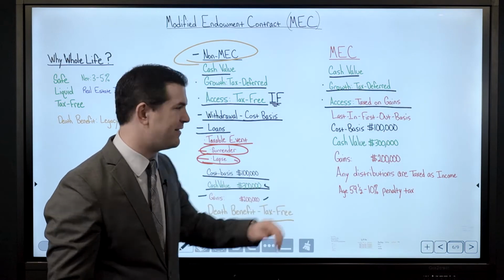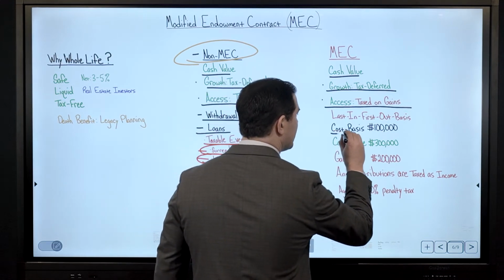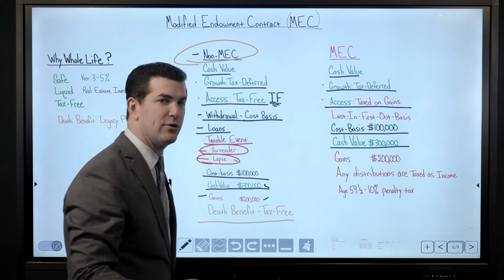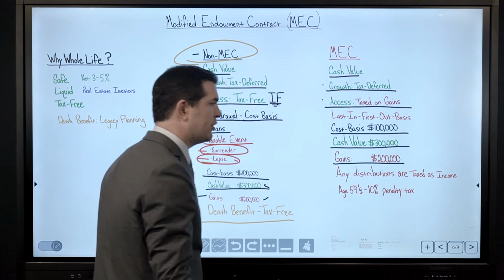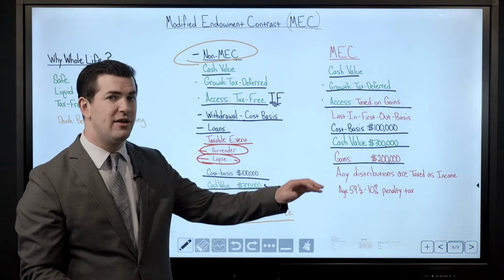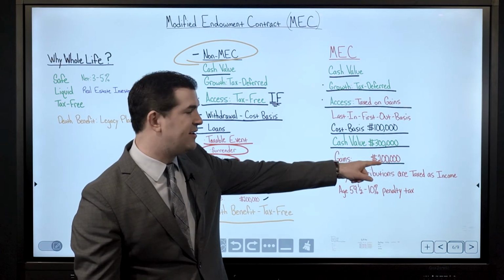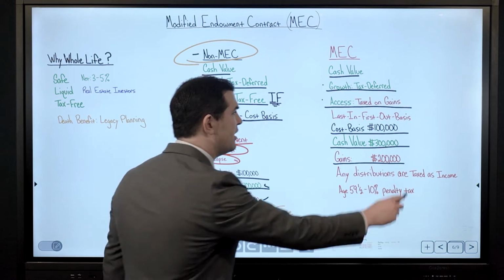So let's explain that a little bit. Take the same example. Let's assume that you've paid in $100,000. Your cash value has built up to $300,000 over time. You have gains of $200,000. If you said, okay, I'd like to take income from my policy, and it's a MEC, the gains of $200,000 will be taxed first. So you've got $300,000 here.